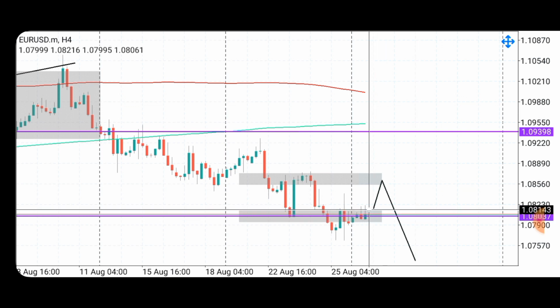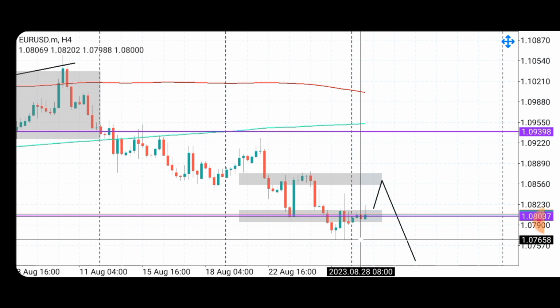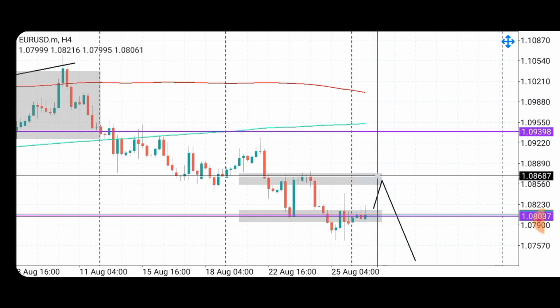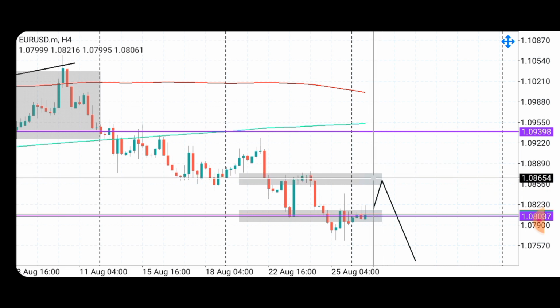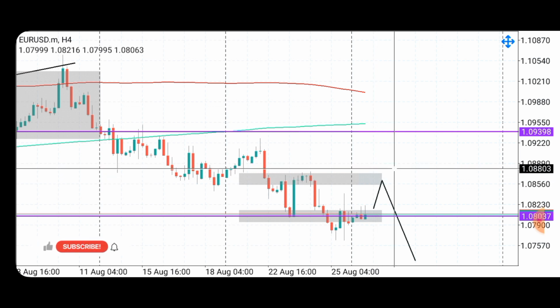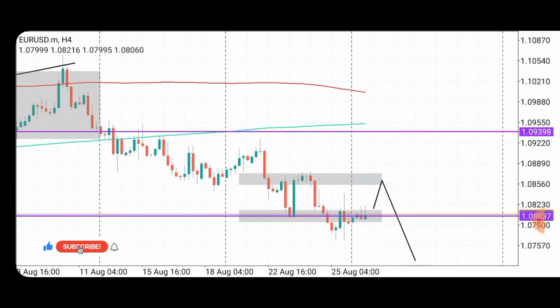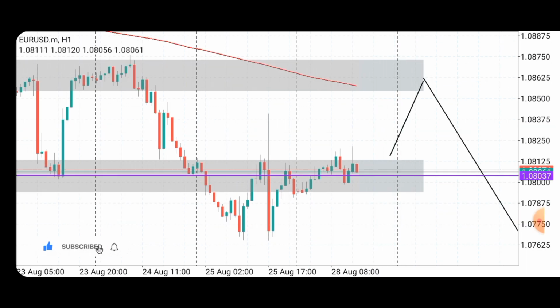So what we are waiting for is either a breakout, where price drops and breaks out of the zone, and then we know it's a continuing sell, or we can wait for price to pull back and take our sell orders when price reaches this high or the supply zone. The stop loss is above the supply zone, and from there we can look to hold and possibly make some more profits on the sell.